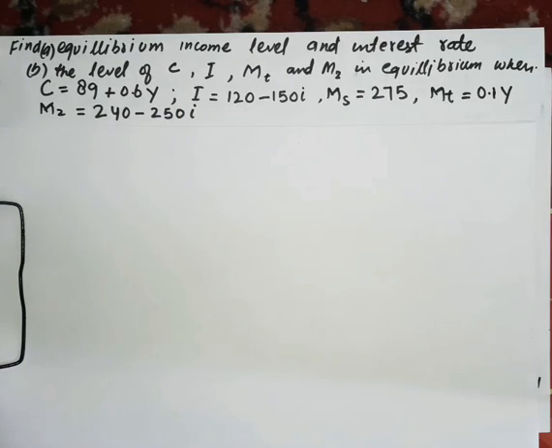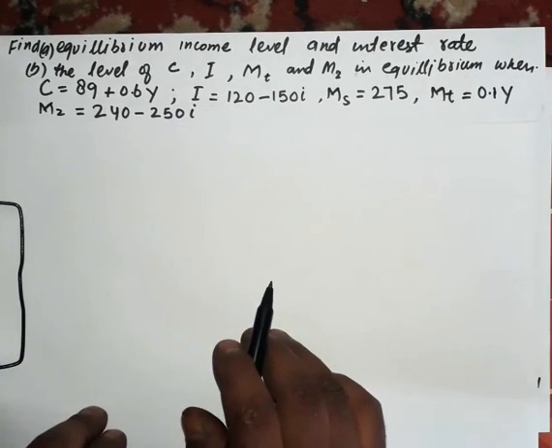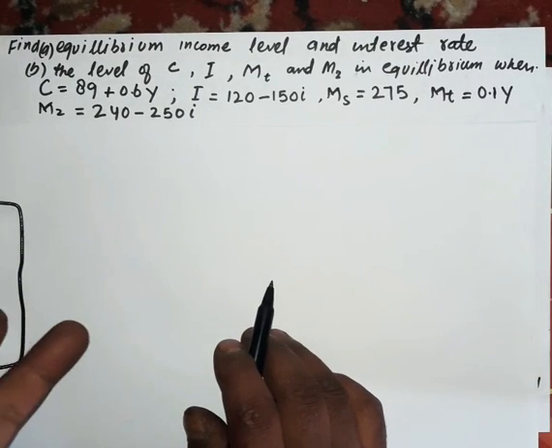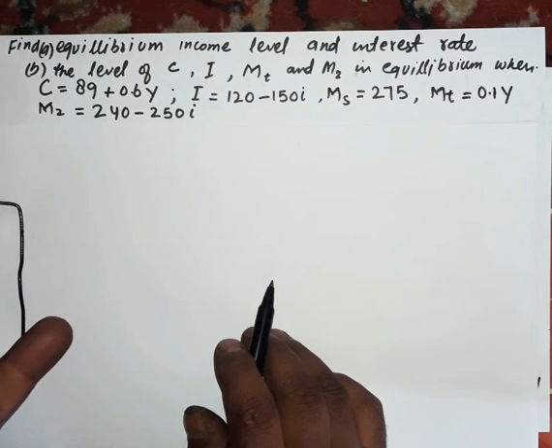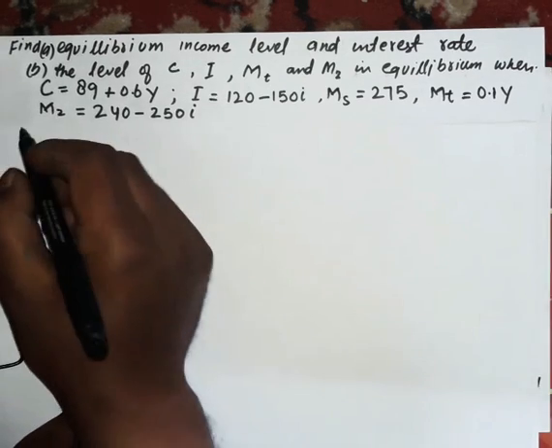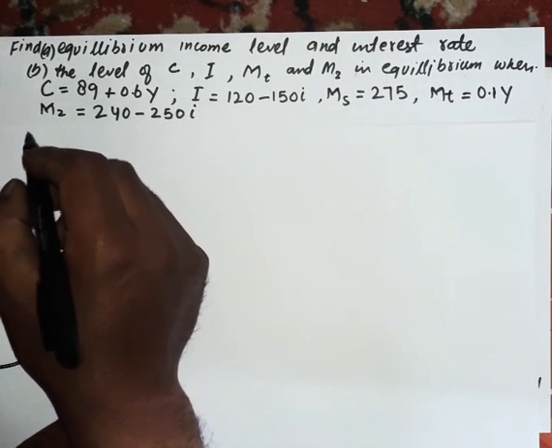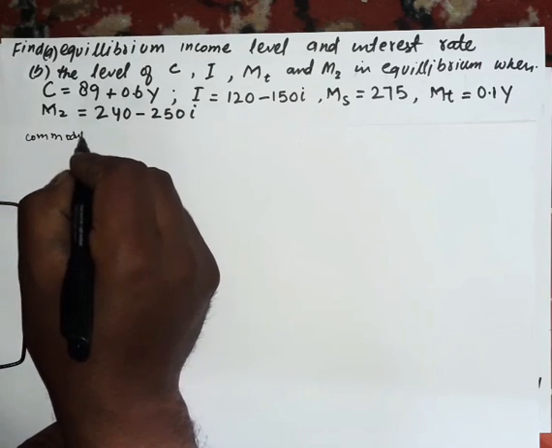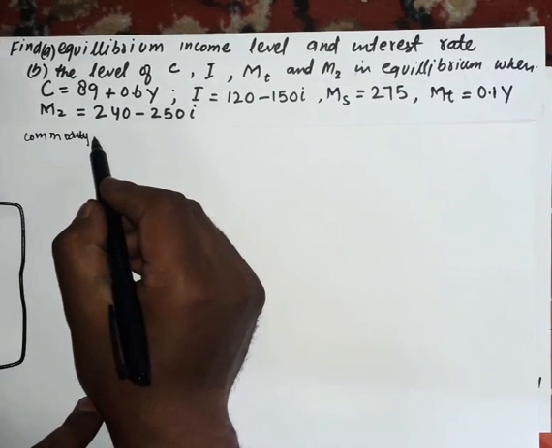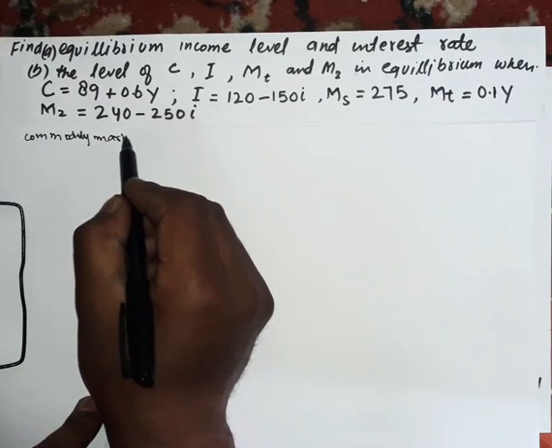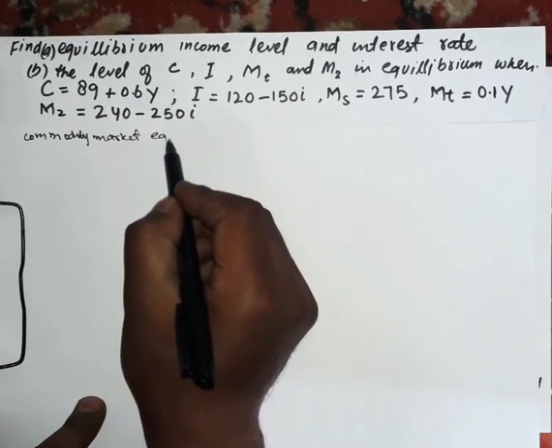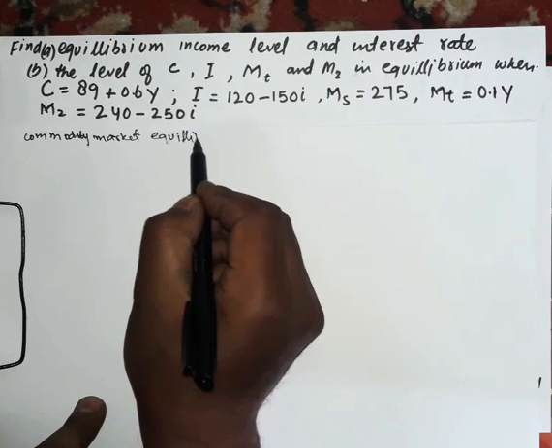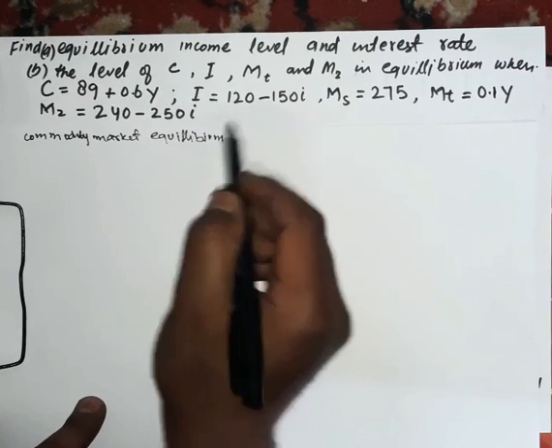So first of all, this is the basic example of the IS and LM equations. We have to solve them. First we will see commodity market equilibrium, IS.